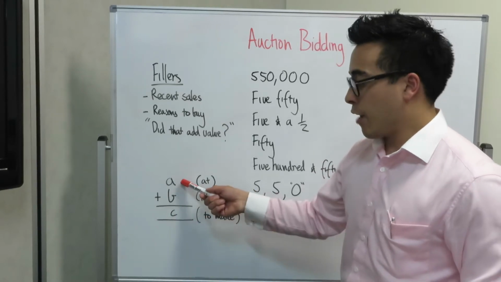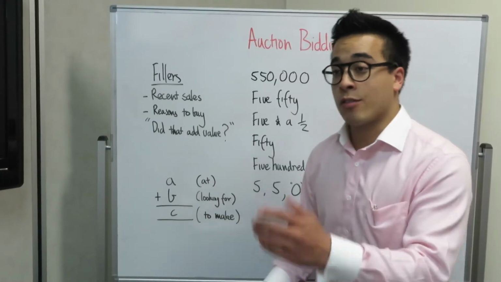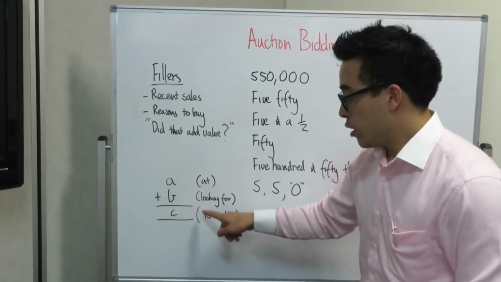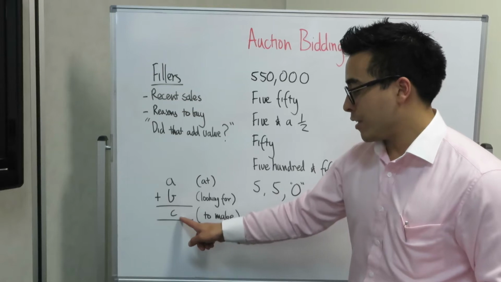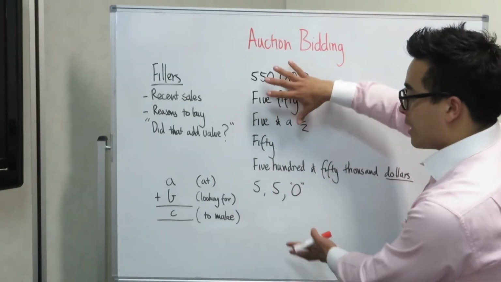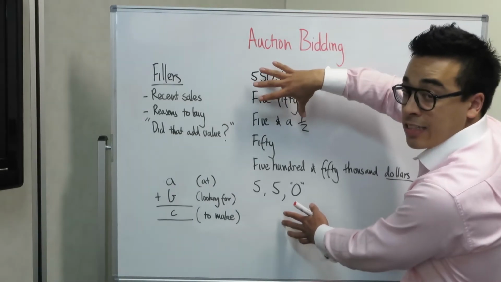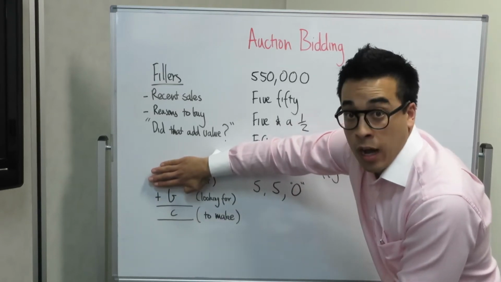So you have your A number, your B number, and your C number. At $525,000, that's what we're at, looking for $25,000 on top to make $550,000. So that's another way. You're mixing up these numbers to give some variety, and rather than just the at number, just the A, you've now got all of this in your repertoire.